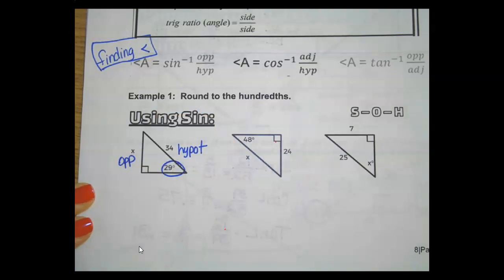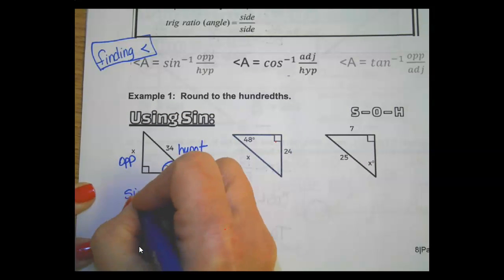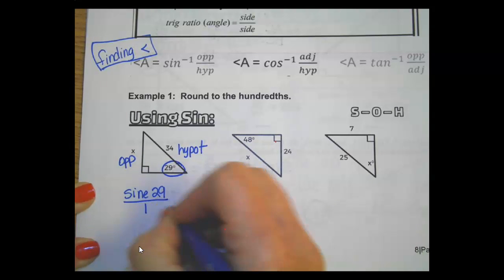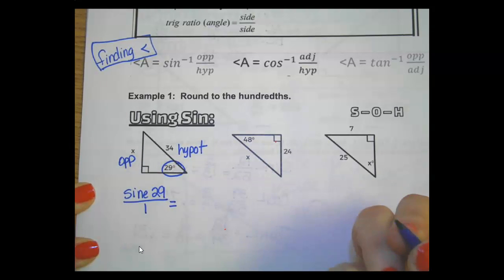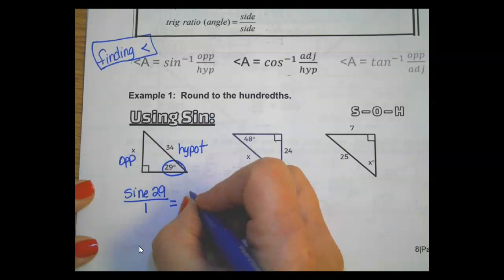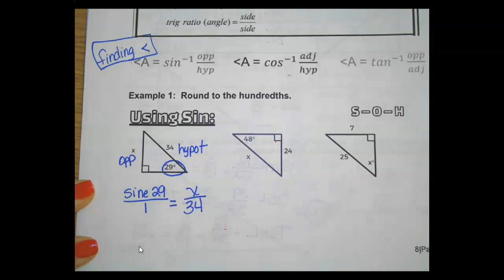So easy enough. All you have to do is put sine of 29 over 1 is equal, because there's a ratio, and then what is that ratio? So opposite is x, my hypotenuse is 34, and we're going to cross multiply.